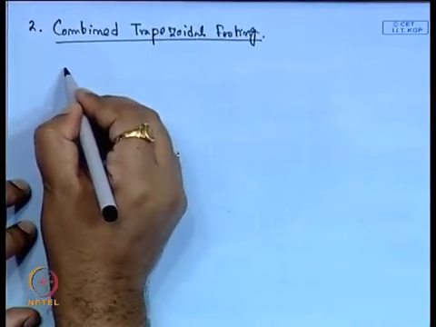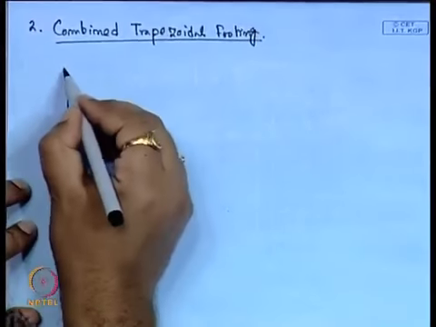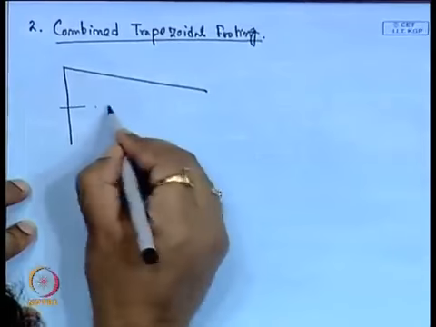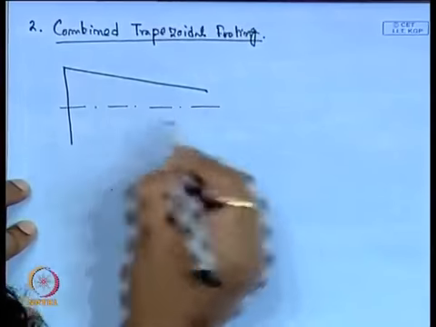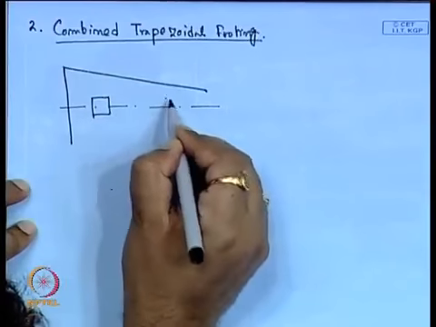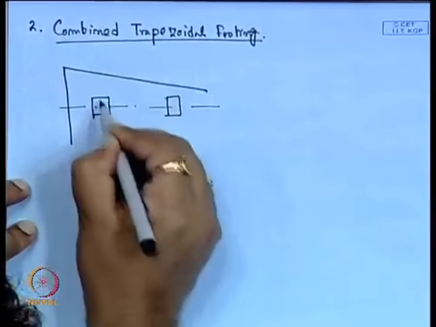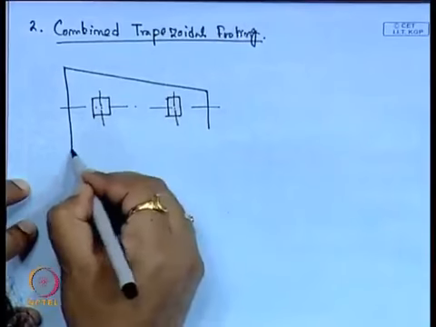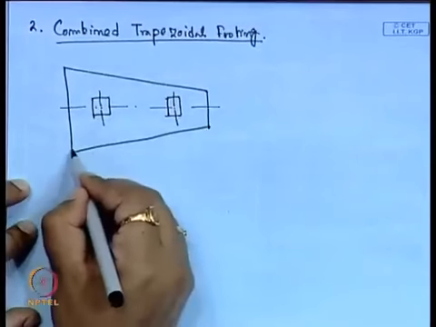Suppose this is the dimension of this footing, this is the center line, this is the position of one column and this is the position of another column, and this is the center of this column, and this is the dimension.